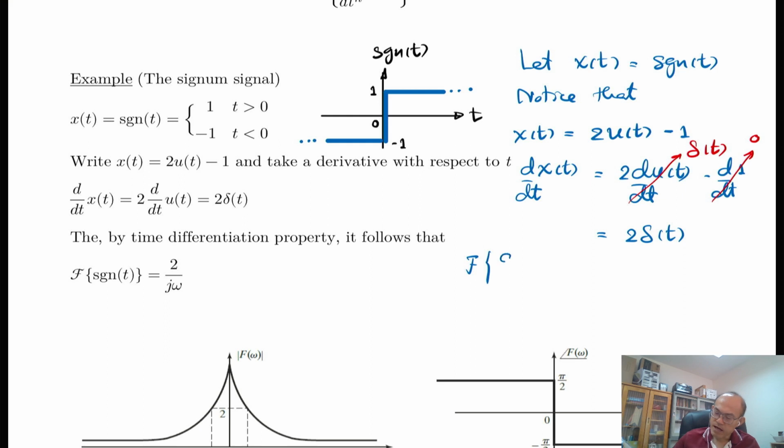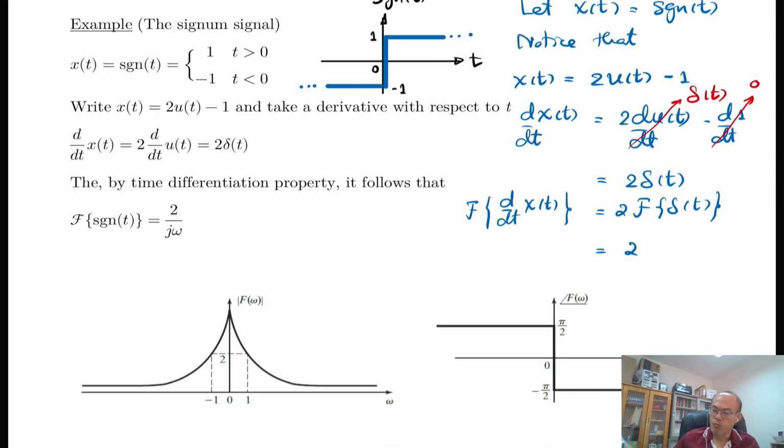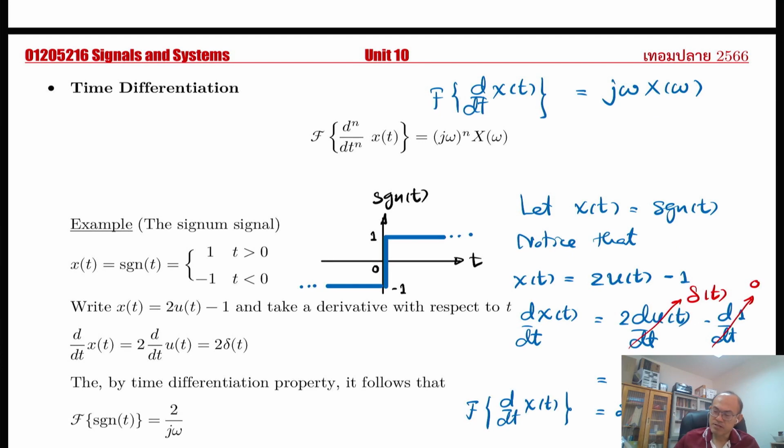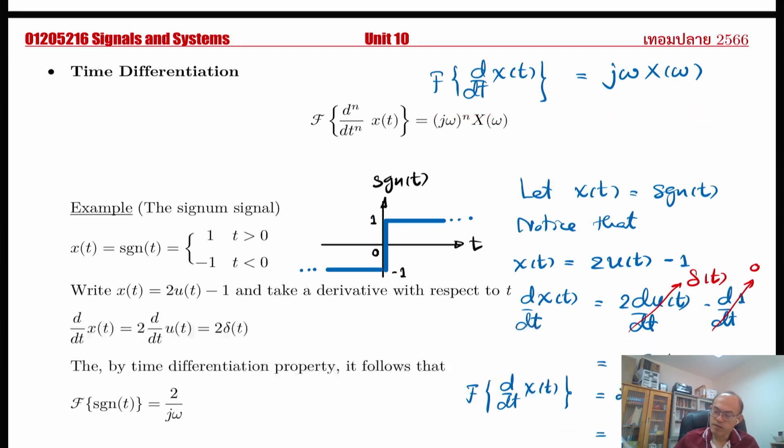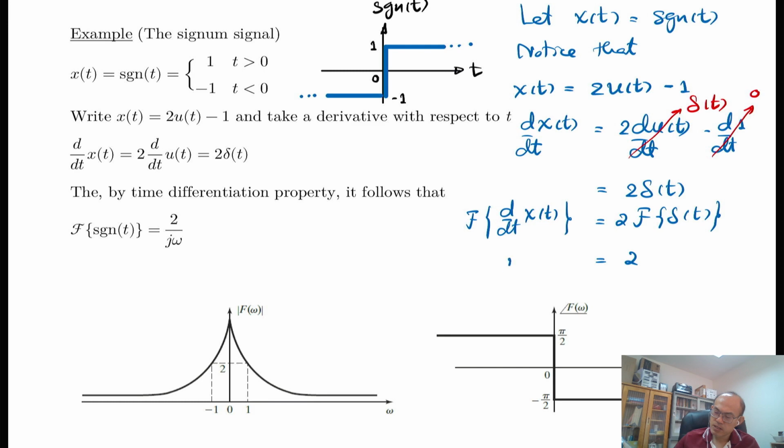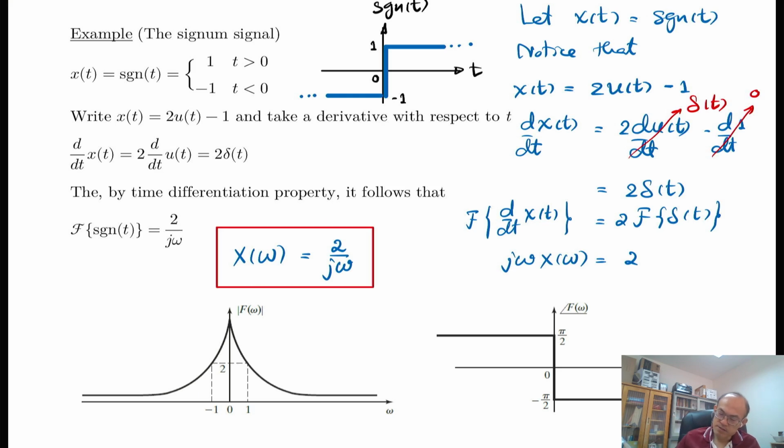On the left-hand side, I have d/dt of x(t), and on the right-hand side, I have 2 times the Fourier transform of delta. We know the Fourier transform of delta is 1, so the right-hand side is 2. Using the time differentiation property, the left-hand side is j omega X(omega). So we can conclude that X(omega) is equal to 2 over j omega. And this is the Fourier transform of the signal.